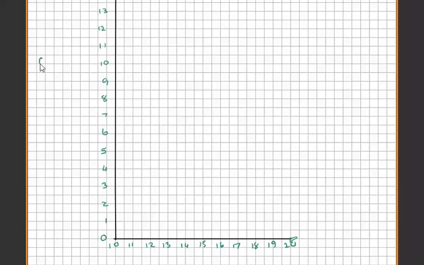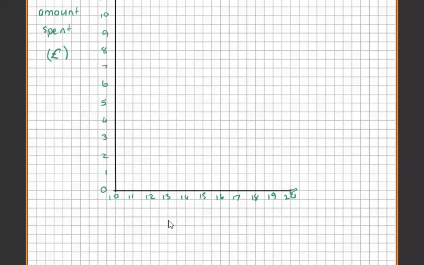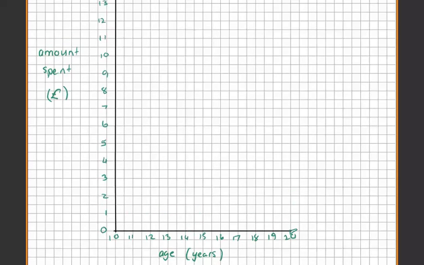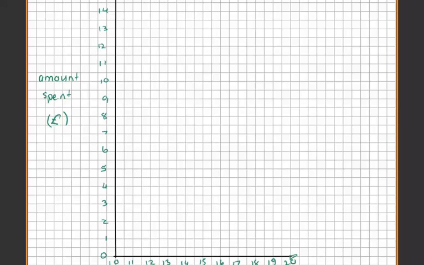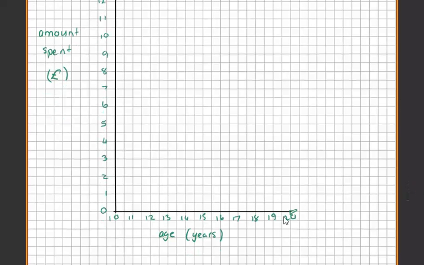I'm not going to try, but it's obviously amount spent in pounds in this case, okay, and then on the x-axis it's the age in years. It's very important we do that, okay. So age in years, amount spent in pounds.